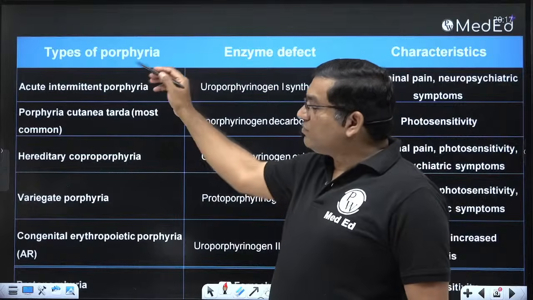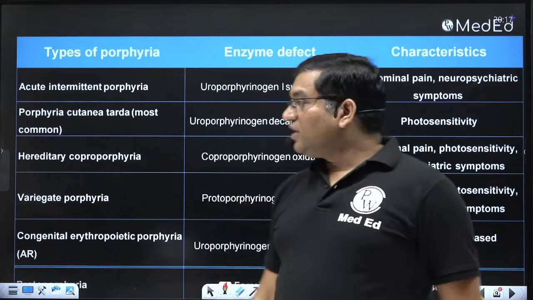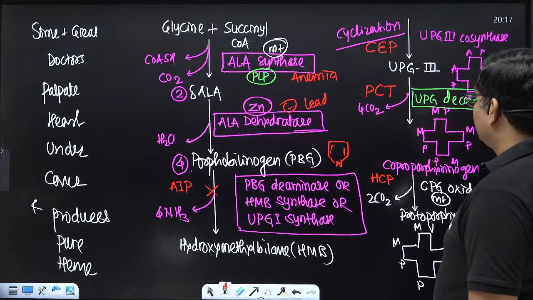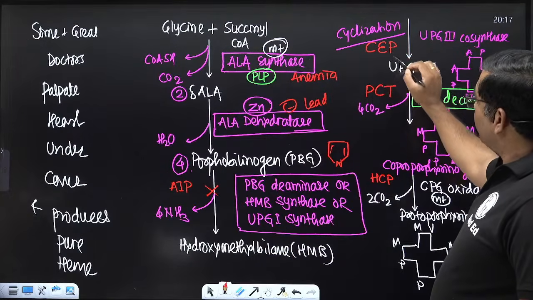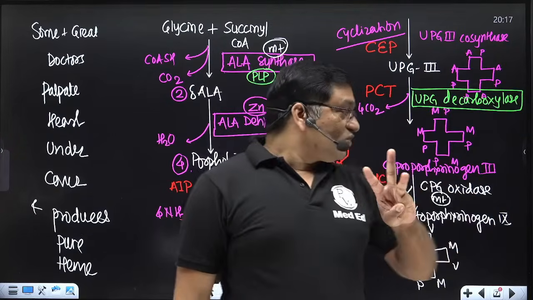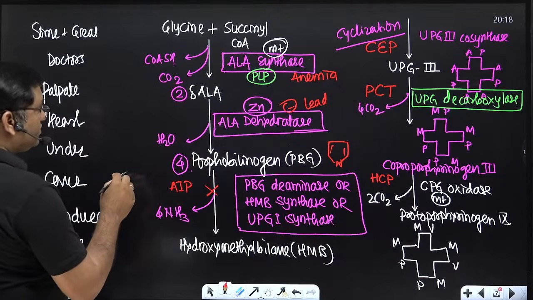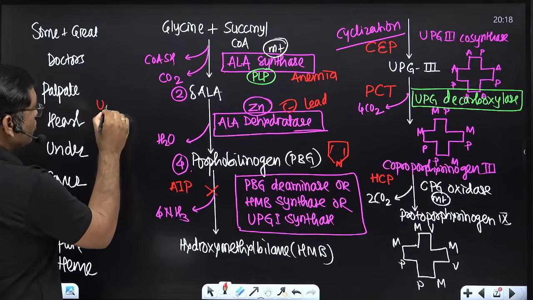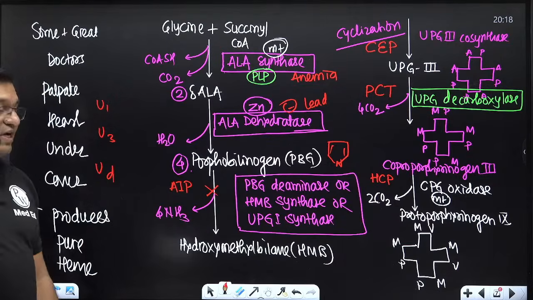These are the three important ones: acute intermittent porphyria, porphyria cutanea tarda, and congenital erythropoietic porphyria. Worth remembering these three. The enzyme defects are in the sequence, after porphobilinogen: U1, U3 and UD.